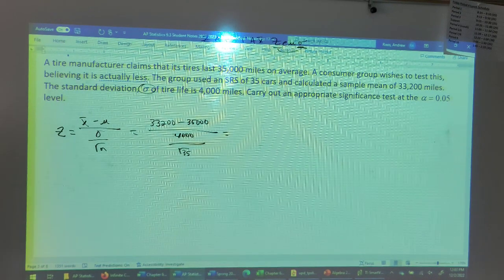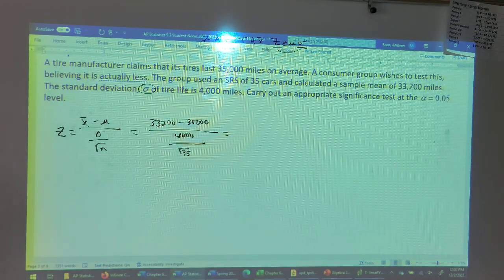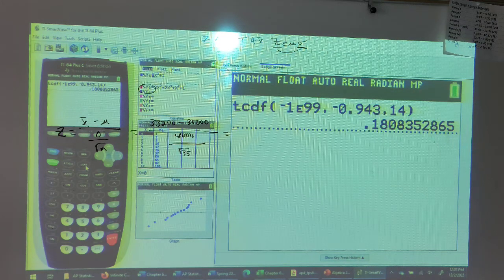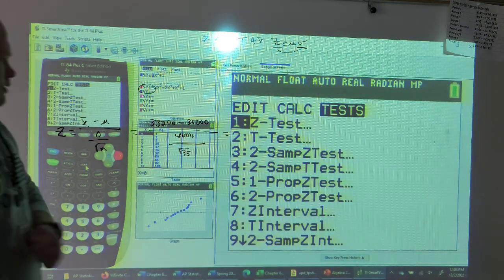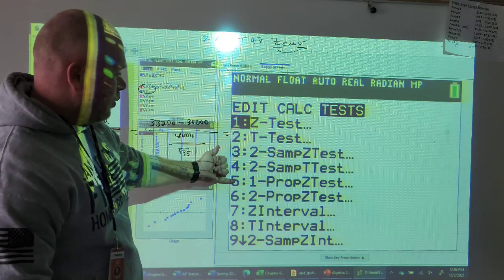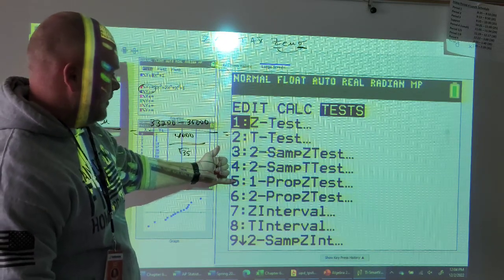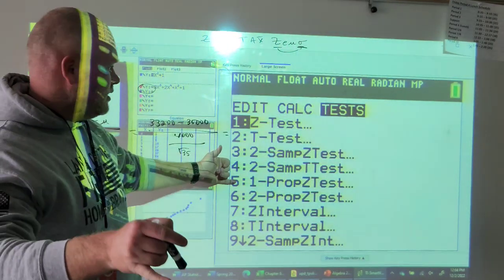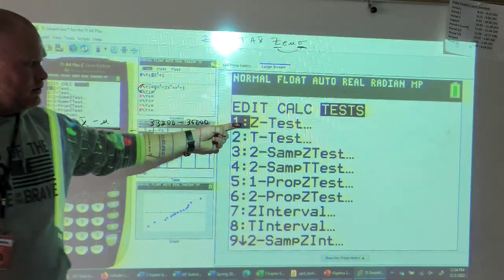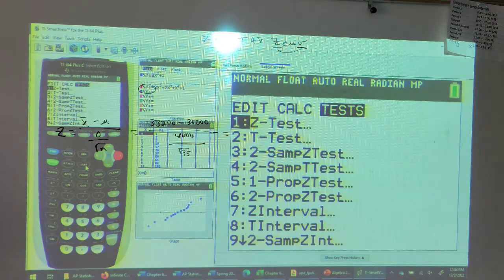Okay, so in your calculator then, under the tests: typically with z, we were using a one proportion z-test. If this is a one sample z-test with means, we would use Z-Test, just the top one.